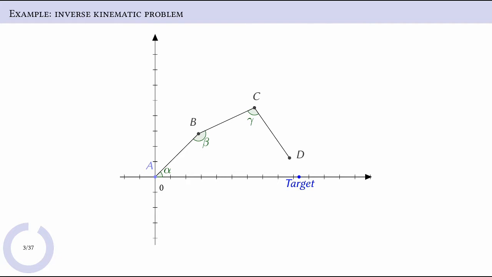Throughout this course, we will develop methods to deal with systems of nonlinear equations, more specifically with systems of polynomial equations. This problem can be translated into a system of polynomial equations, and the tools that we will develop during this course, so-called Gröbner bases, allow us to explicitly solve this problem.